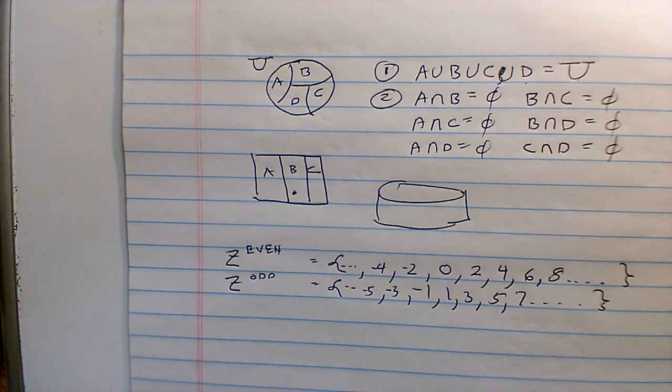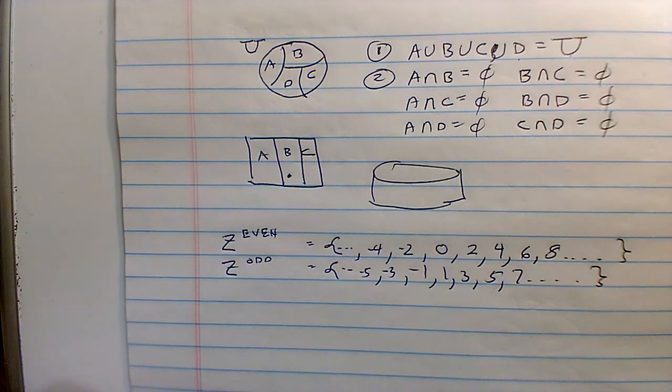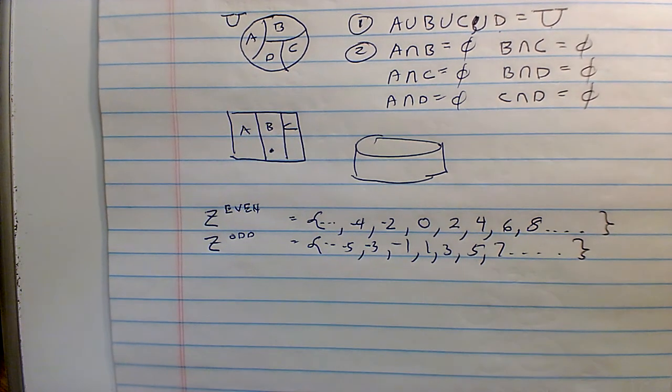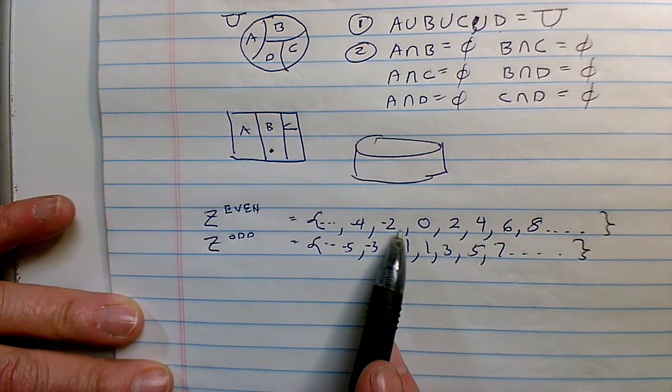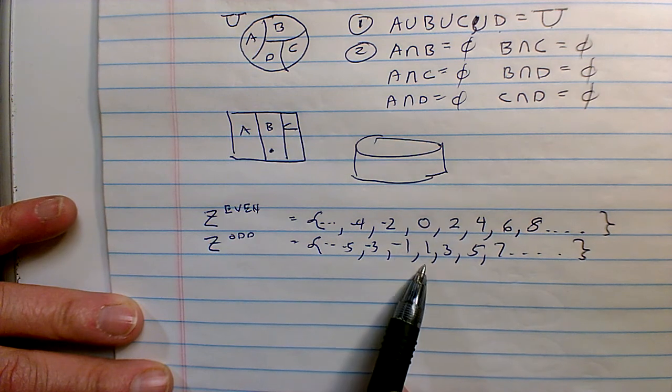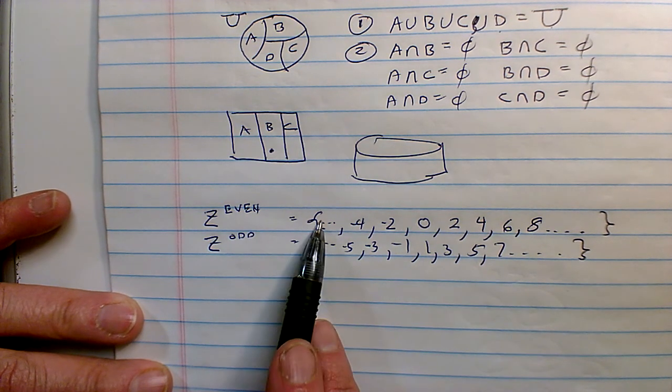Here is another example of a partition that we've worked with before. We've seen that we can take every integer and declare the integer to be even or odd. When we take the integers and we segregate them into the evens and the odds, this is partitioning them.